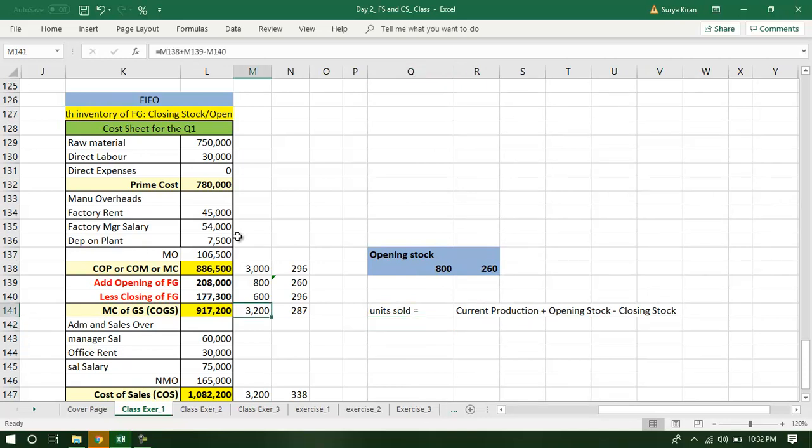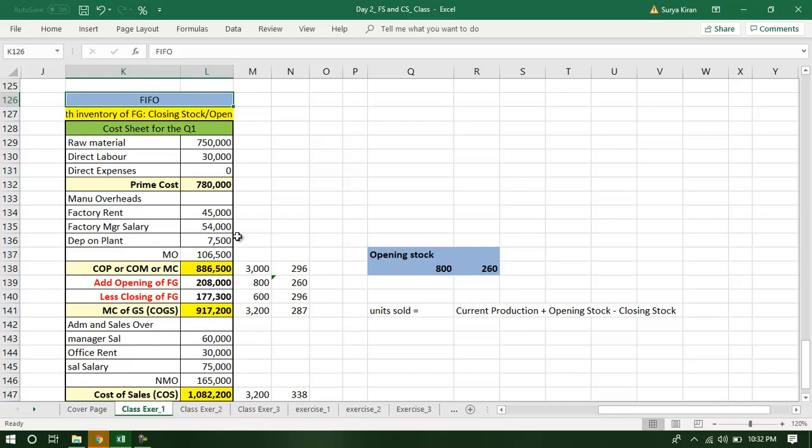But here we observe that by default we are assuming the FIFO method of inventory valuation. That means the opening stock is sold first, then the current production is sold. So unsold stock is from the current production. How will you show that?